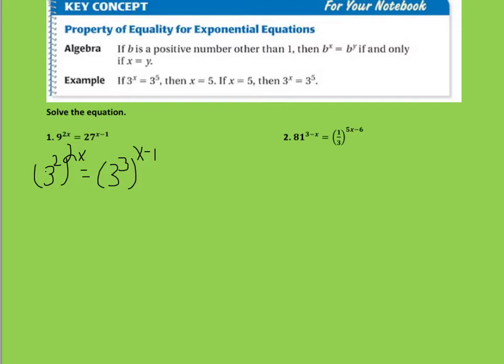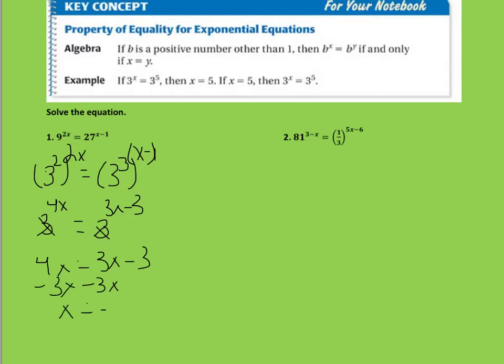So 2 times 2x, that'd be 3 to the 4x, equals 3, and then distribute. So 3 times x is 3x, 3 times negative 1, negative 3. Get rid of the bases now, so you get 4x equals 3x minus 3, subtract 3x, x equals negative 3.